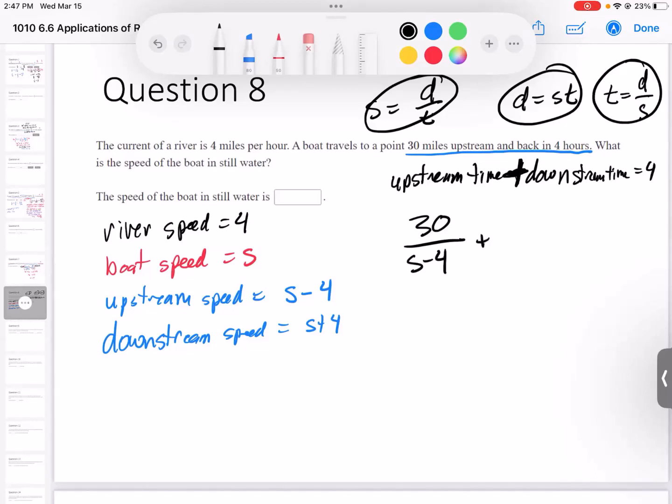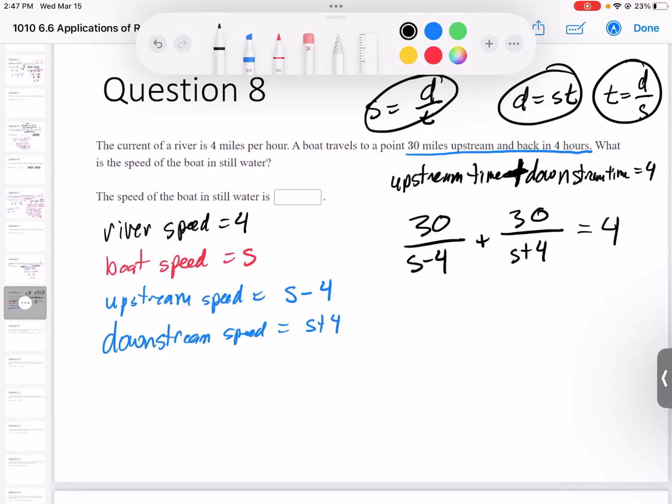Then for my downstream time, I would again do 30, because that's the distance that they went downstream, but I'm dividing this by s plus 4 because that's the downstream speed. Is everybody good with that? And remember, this s is talking about the speed of the boat in still water, but s plus 4 is the speed when it's going downstream. So that equals 4. Now we have an equation.